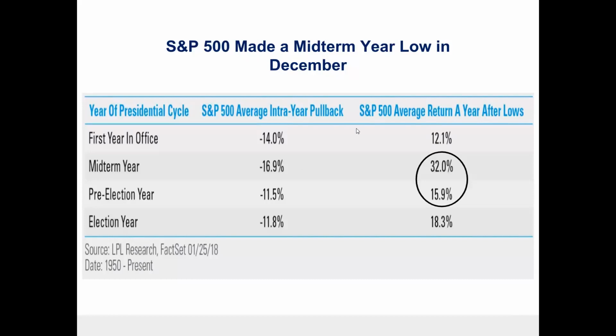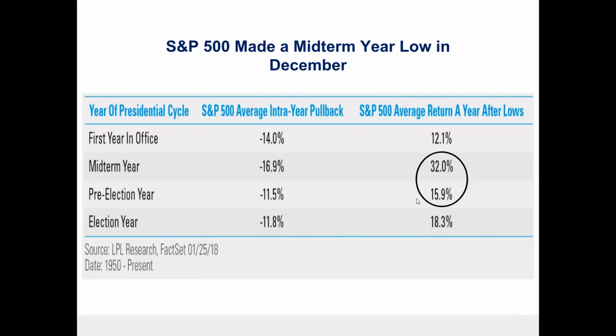So we made our mid-year low right around Christmas Eve, the day after Christmas. So 1 year later, again, lining up with our view that 6 to 12 months out, there's reasons to be bullish. 32% is the average return 12 months after that mid-year low.